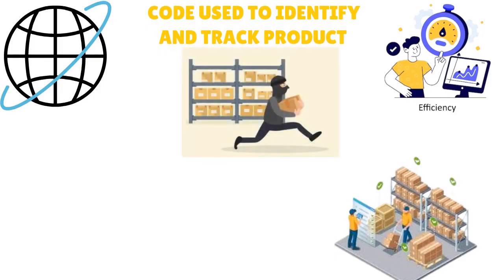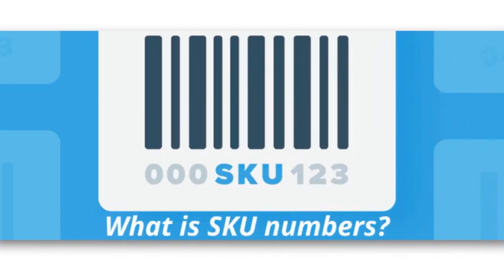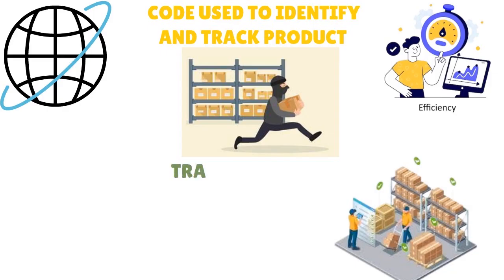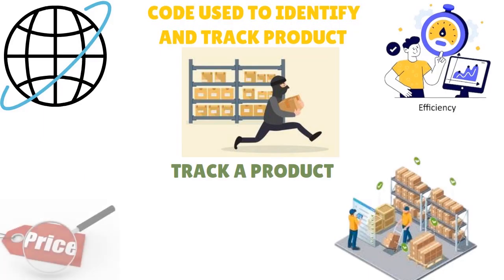Okay. So when you think about a SKU number, I want you to think about an alphanumeric code that retailers use to identify and track a product. Retailers using SKUs will assign a unique code to each item in their inventory management software. And SKUs tend to be 8 to 10 characters long and contain strings of characters that actually represent different product features like an item's price, manufacturer, color, and size.